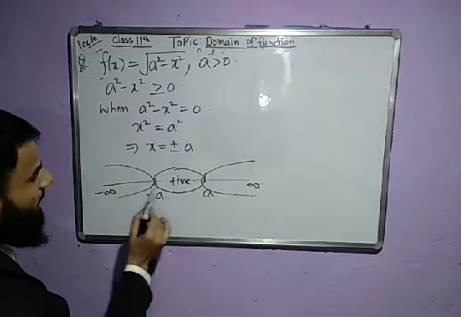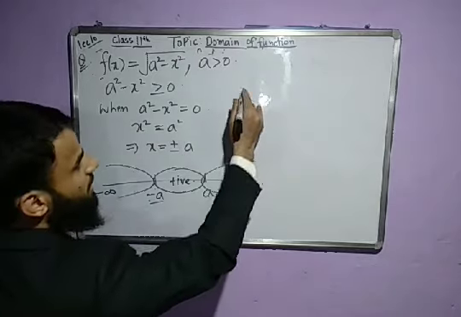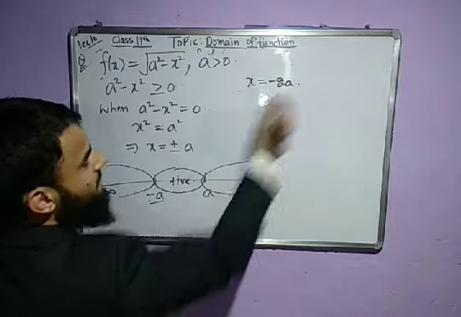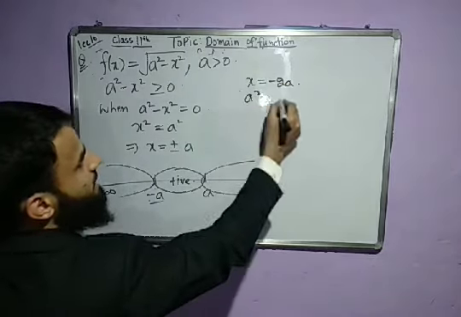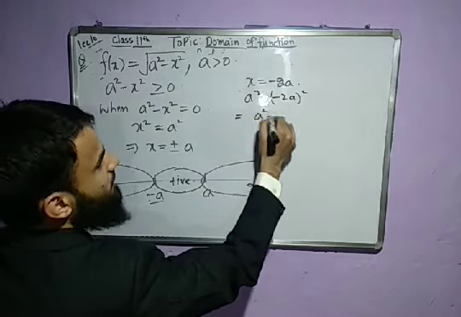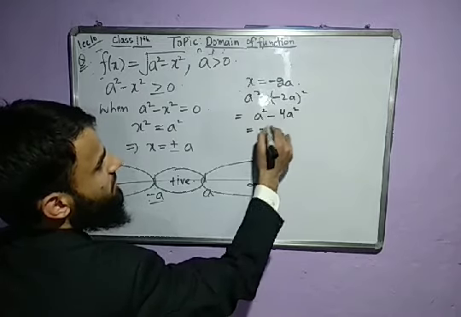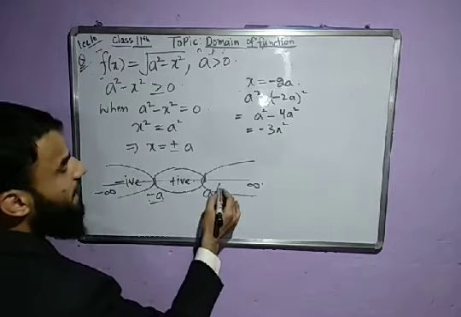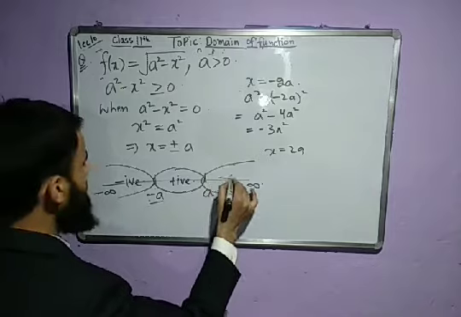And when x is less than minus a, let's suppose x is equal to minus 2a, which is less than minus a, I will get a square minus (minus 2a) square, which is a square minus 4a square, and it comes out to be minus 3a square, which is negative. And if you calculate at x equal to 2a, which lies in this region, it also becomes negative.